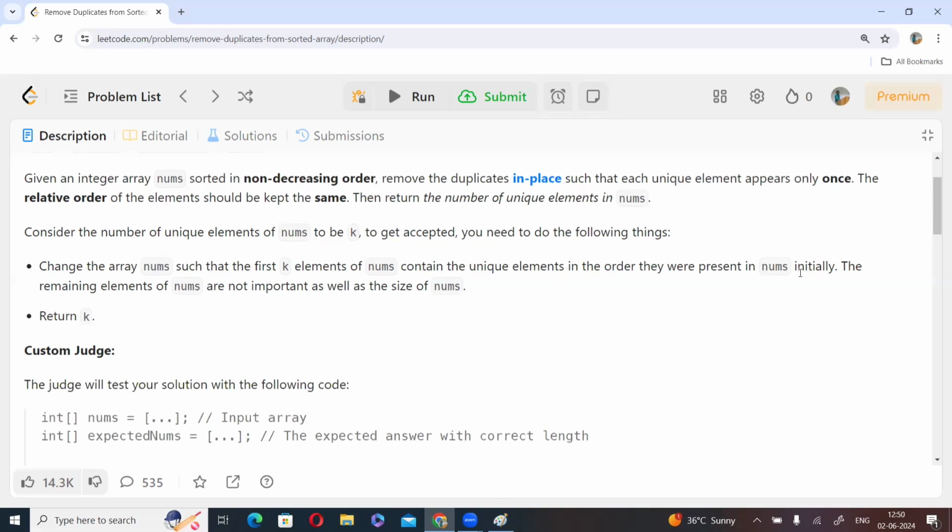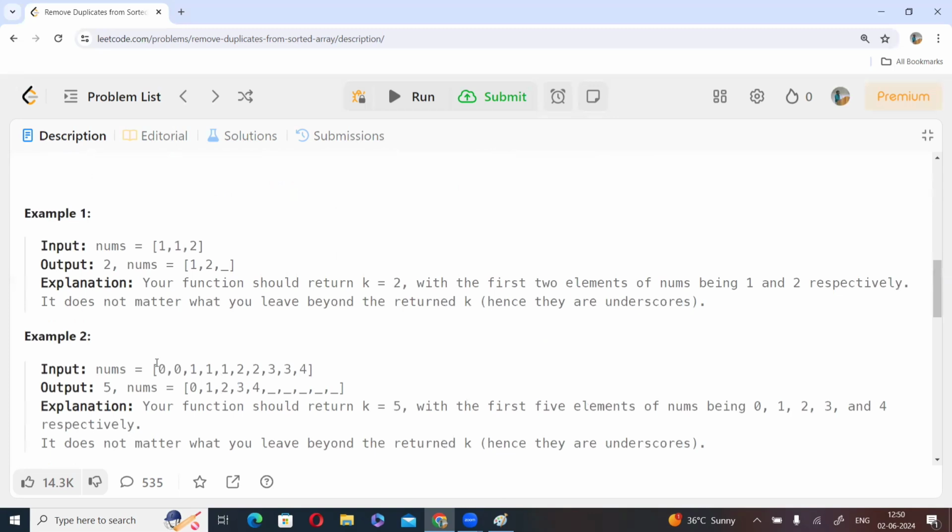That means simply the order must be maintained. The remaining elements' order is not at all important. Finally, return the value of k.